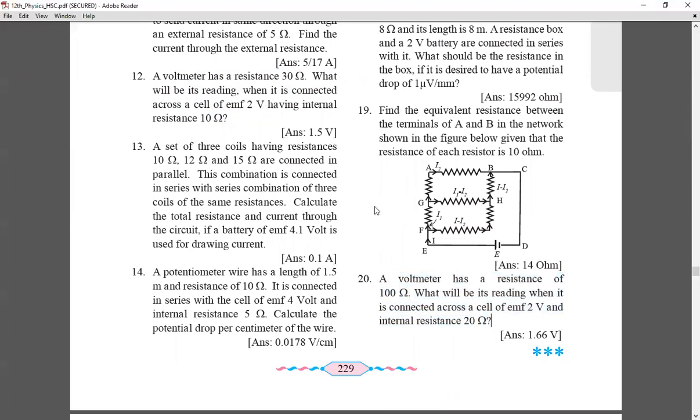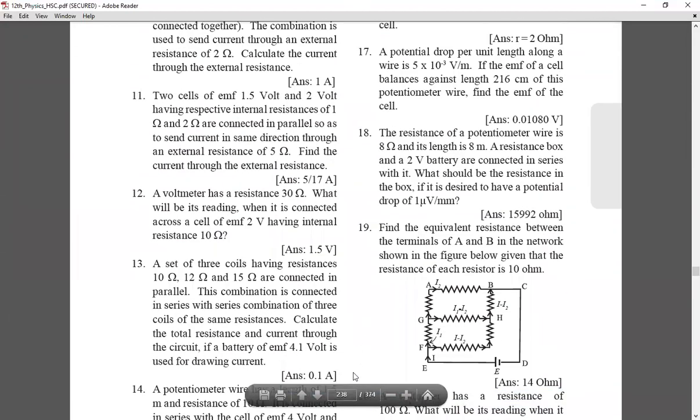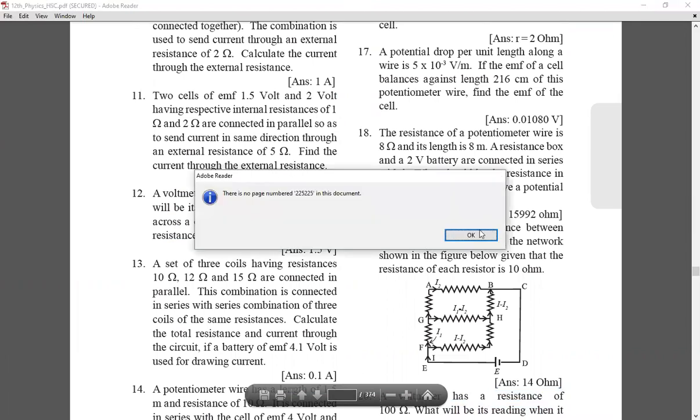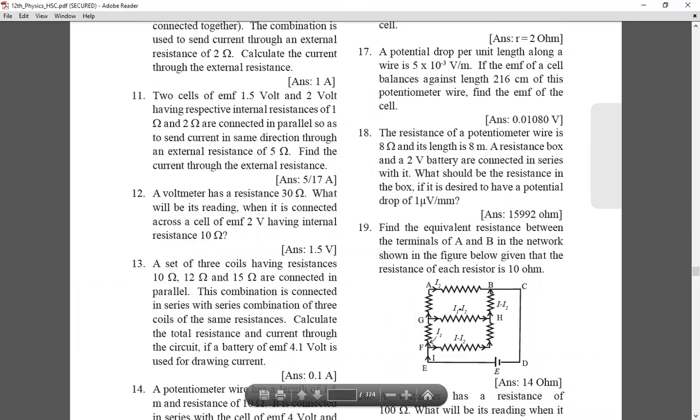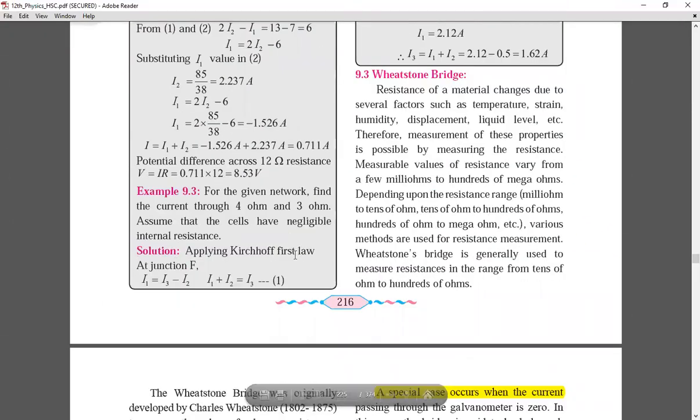So today what we have covered is the Wheatstone bridge. The Wheatstone bridge is used to determine the unknown resistance of a body when three resistances are known to you.